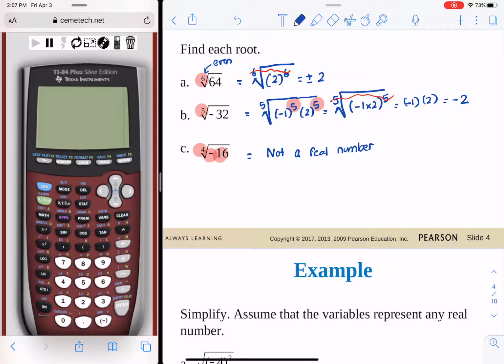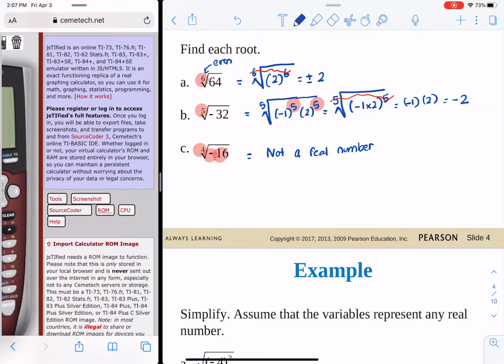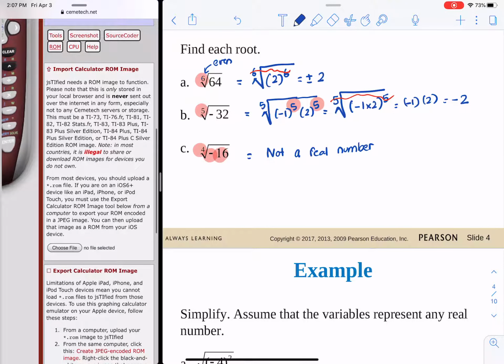So typically when we have even roots and negative numbers, we are going to end up getting an answer that is not a real number. So you could always verify this with your calculator.